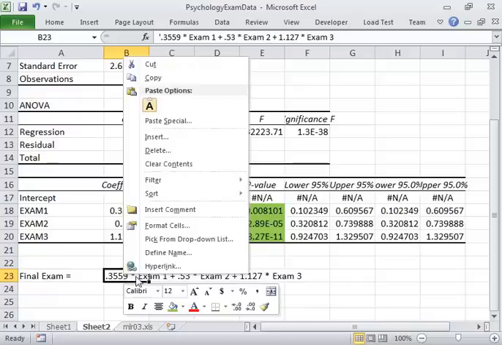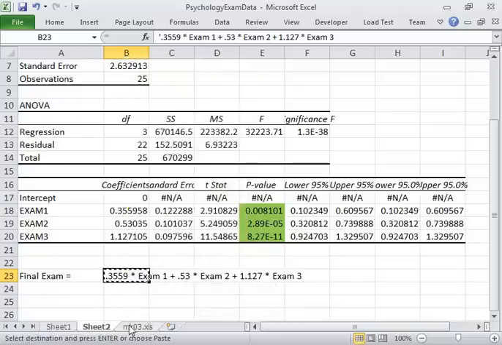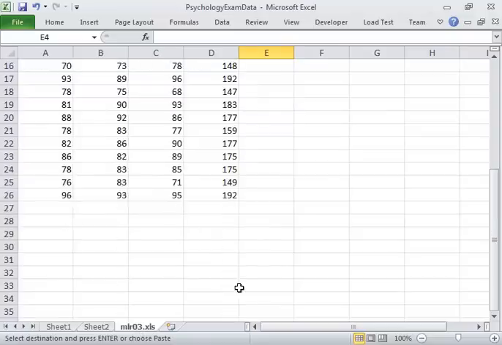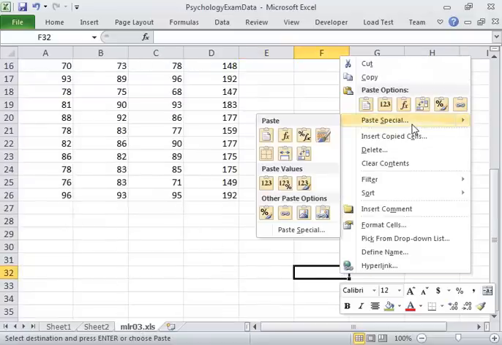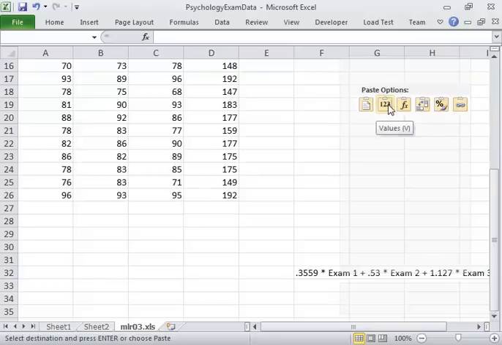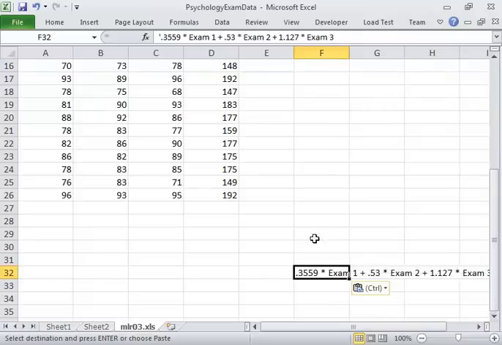Now, putting this equation into action. Let's go ahead and copy it, put it on the sheet with our data. What are we looking at here?